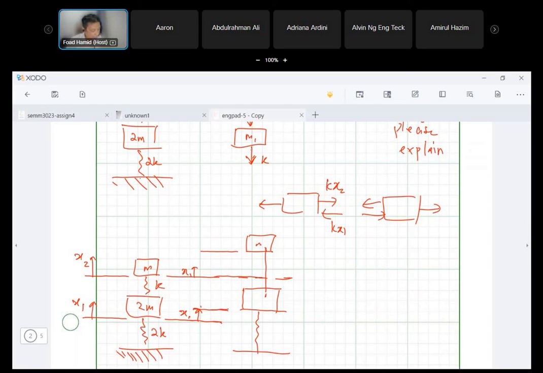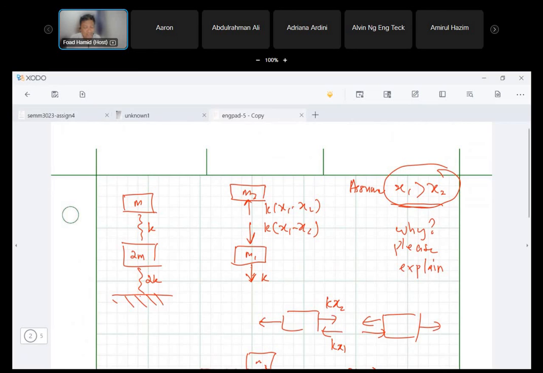But now for the mass on the top, or mass 2, this is the movement x2. Part of x2 is x1, because the total movement for this mass is x2 and part of it is due to x1. So in this case, we know that x2 is greater than x1. This is what I'm expecting, when you say assume x1 is greater than x2.